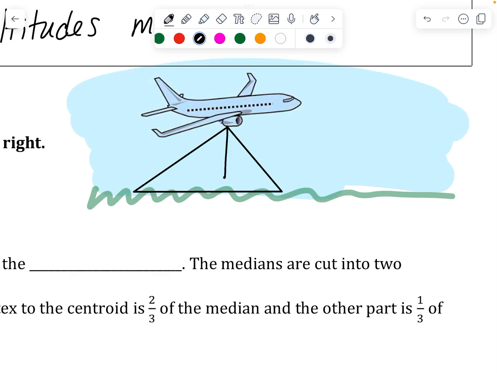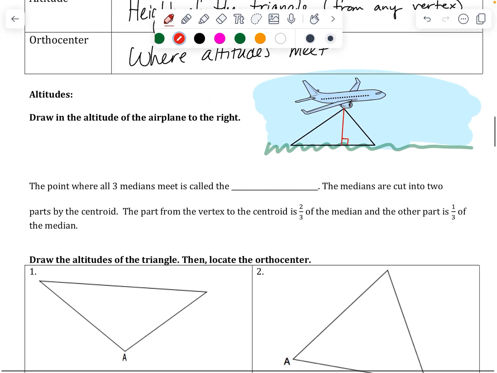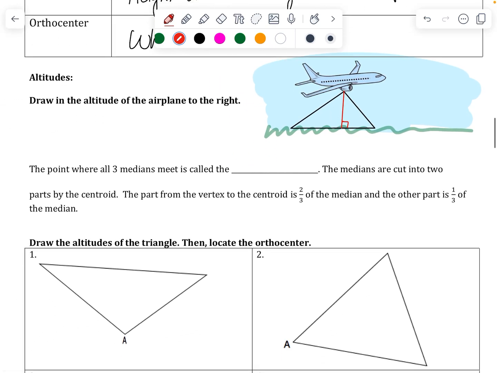The altitude, the height, is going to be, in red, the distance straight down to the ground. So in any triangle, it's the distance straight down to the opposite side. And where the three altitudes meet, that is called your orthocenter.